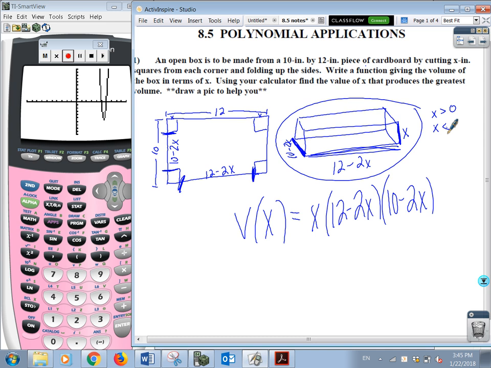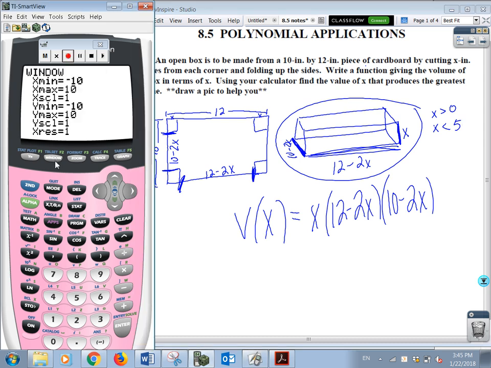If we plugged in a 6 right here, we get 12 minus 6, but if we plugged in a 6 over here, we get a negative, so it must be less than 5. So all we care about are the numbers between 0 and 5. So I'm going to put in a negative 1 and a 6, because that's all I care about on the graph. Notice that it goes really, really high, then it comes back down.